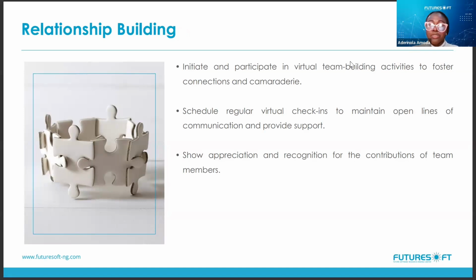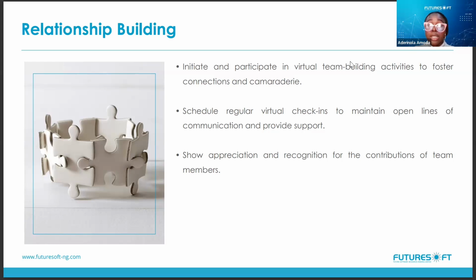Fostering a sense of togetherness and team spirit in virtual workspaces is crucial for building relationships. Organizing virtual team building activities, such as online games, helps create a positive and inclusive work culture. Scheduling regular virtual check-ins to maintain open lines of communication and provide support is also another way to help.